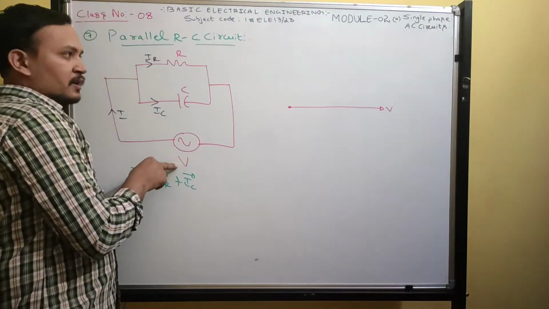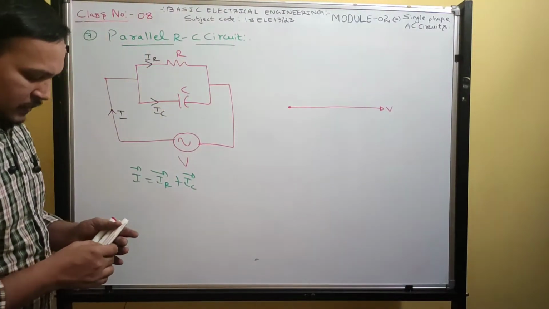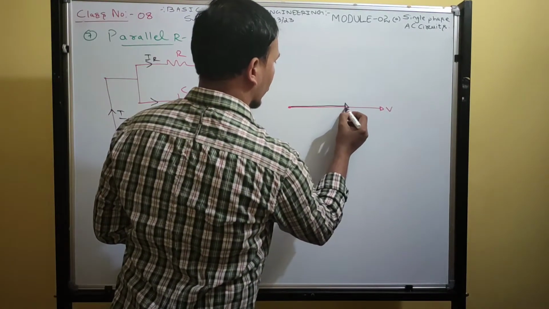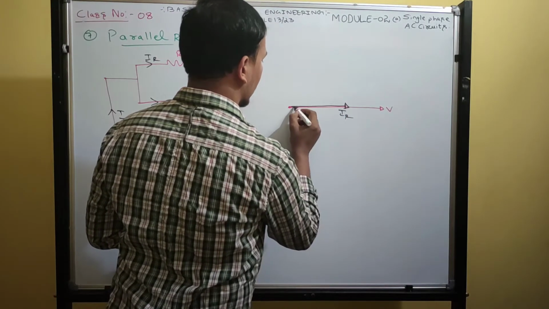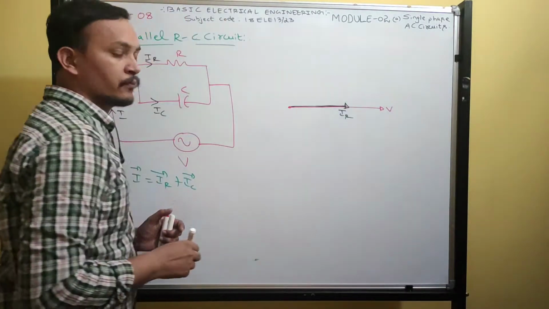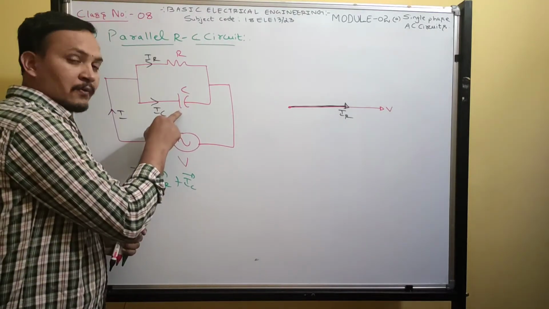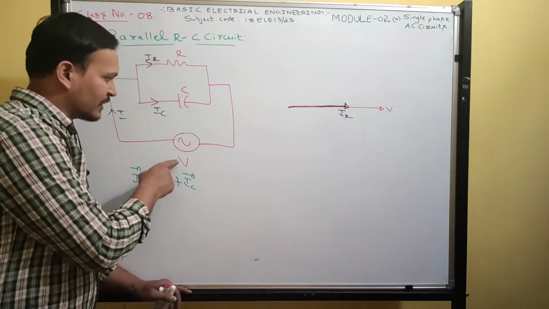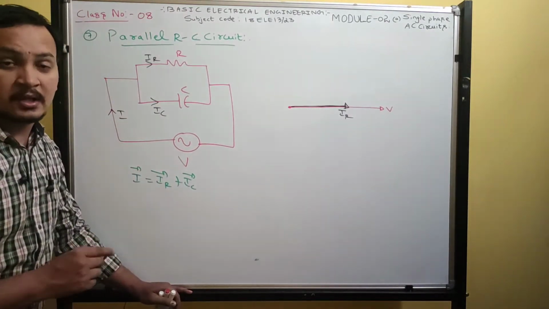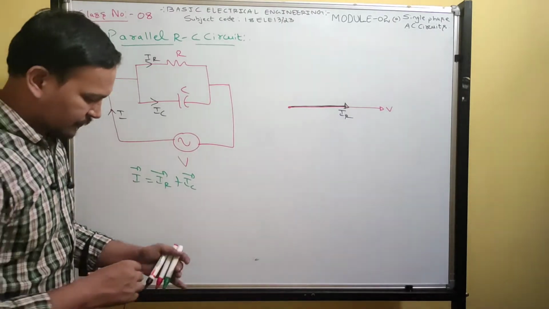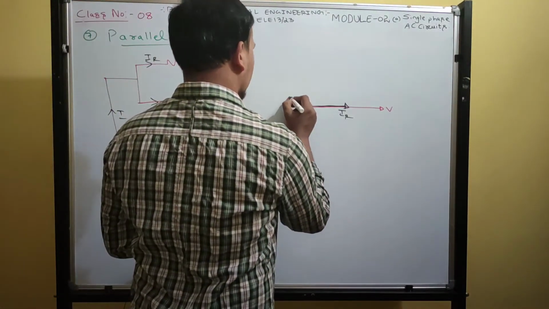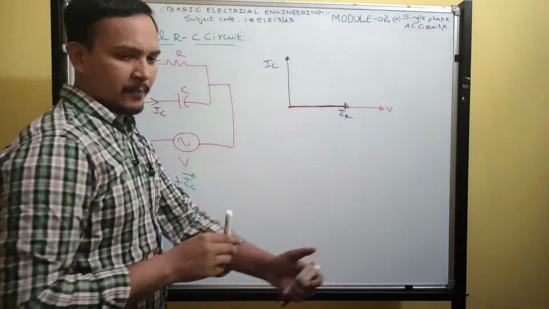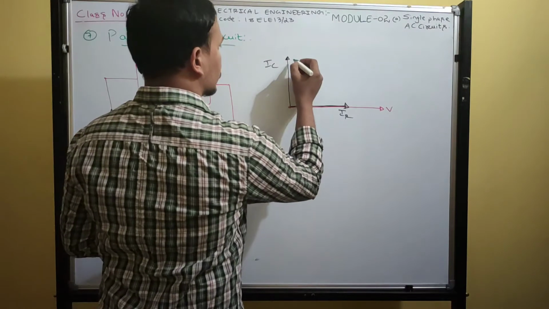The current through the resistor, IR, is in phase with the voltage. The current flowing through the capacitor leads the voltage by 90 degrees. Now, join these two vectors.